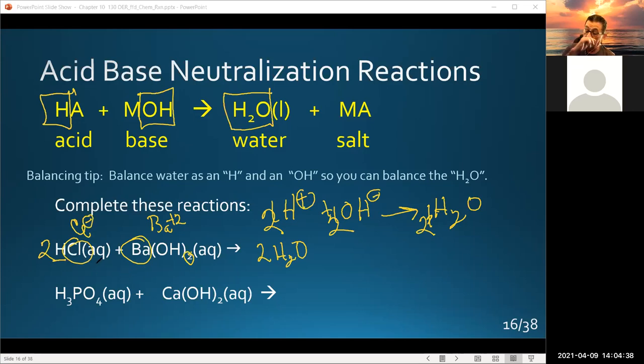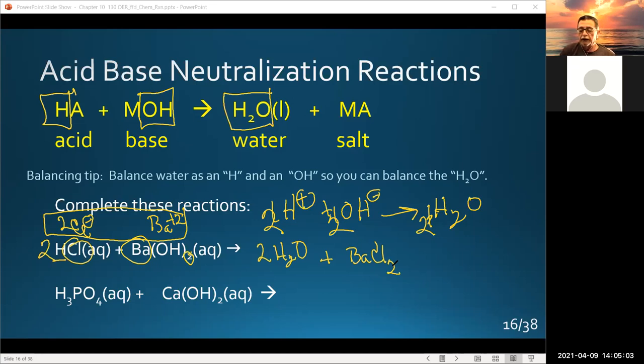The group 7 element is going to have a -1 because it's going to pick up a proton. Okay, so putting barium chloride together requires me to have 2 chlorides for every barium. So that means that the formula for barium chloride is as follows.